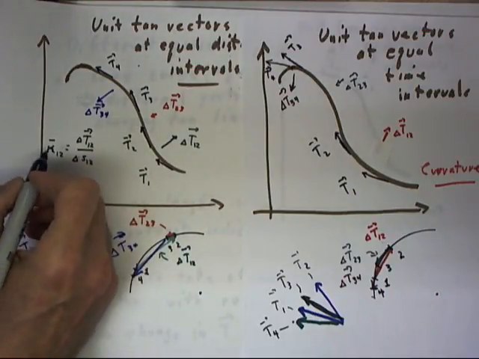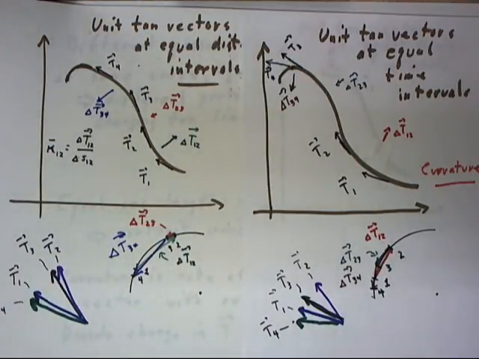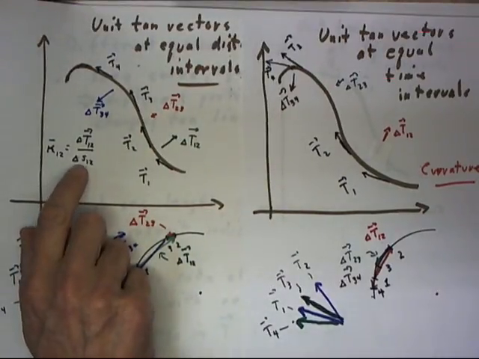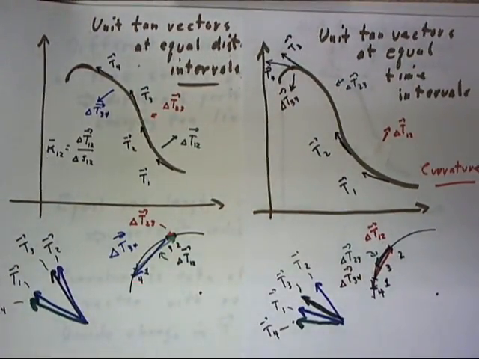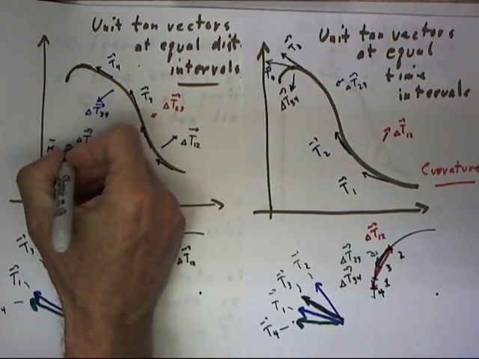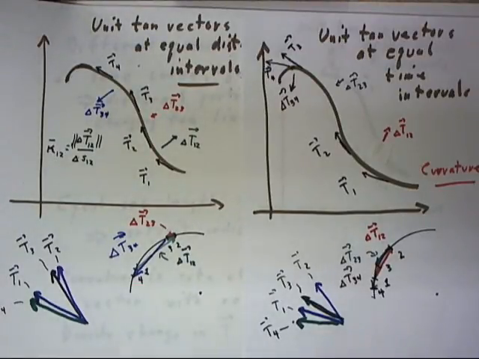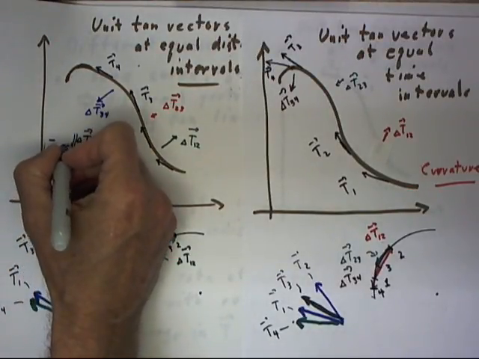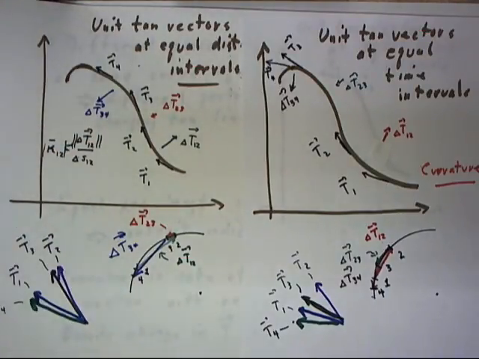And our average curvature between 2 and 3 would be this vector divided by how far we move from here to here. And actually it would be the magnitude. Let's be safe here and say the magnitude of our average curvature would be this.